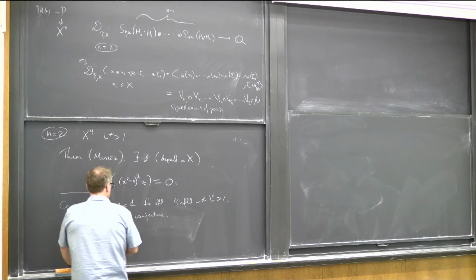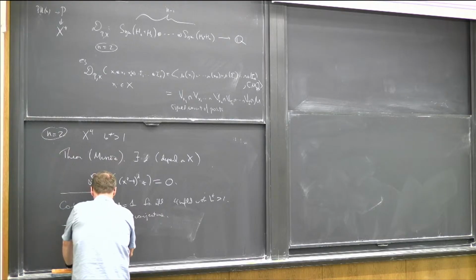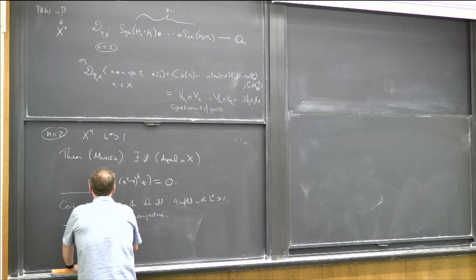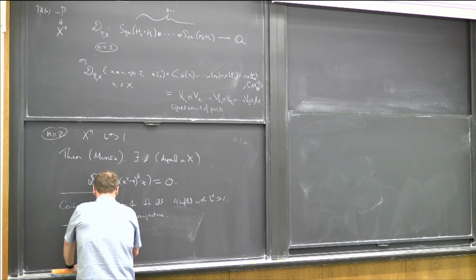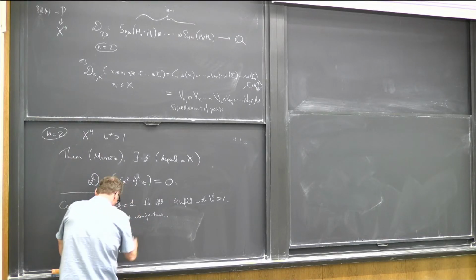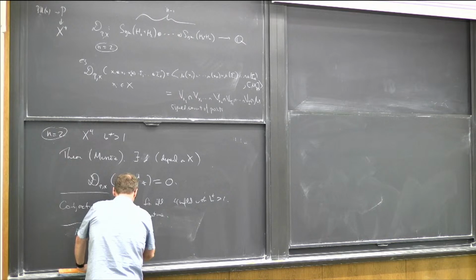But assuming this, it makes sense to simplify the story, and let's make a generating function D, which is first formal, but then we'll say it actually makes sense, a function on the homology.